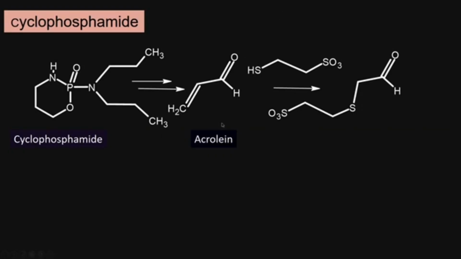So therefore, there's another substance called mesna, which is a simple sulfur-containing product, known to bind to this acrolein and make a water-soluble complex, and that gets out of the bladder and removes this acrolein from the bladder. Because acrolein is a bladder irritant that is known to cause bladder irritation, or the hemorrhagic cystitis side effect.